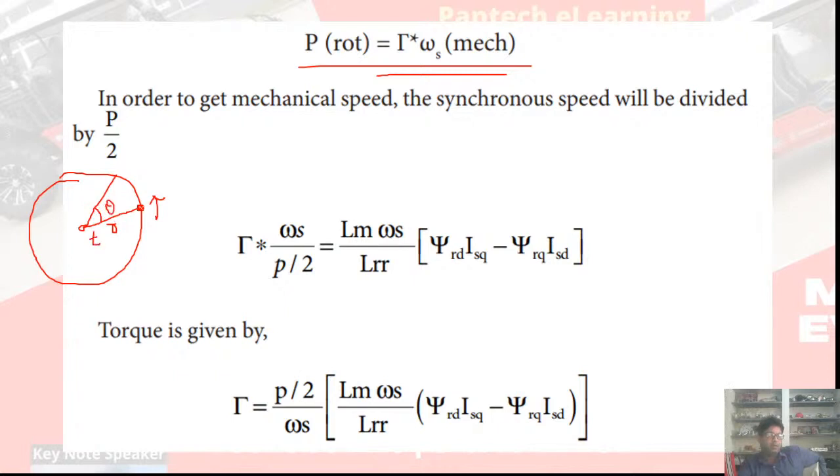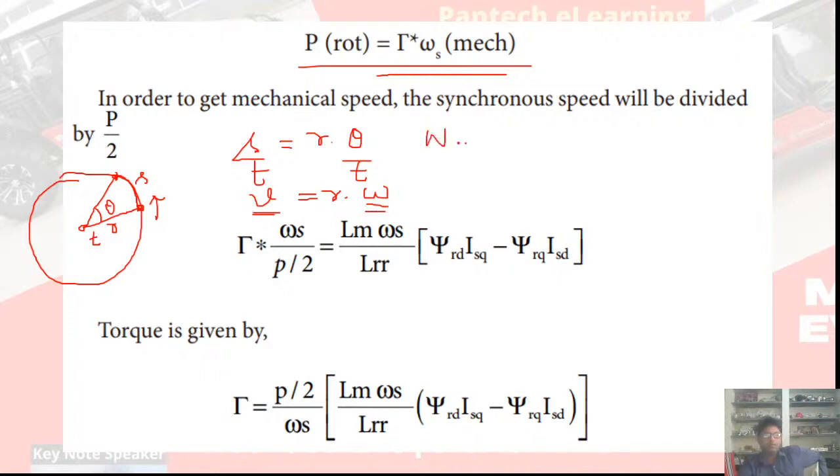After t seconds from the initial position, it goes to this position and travels the arc s. So my s is equal to r into theta. Now if I divide both sides by t, this is my linear velocity equal to r into angular velocity. It's meter per second, it is radian per second.